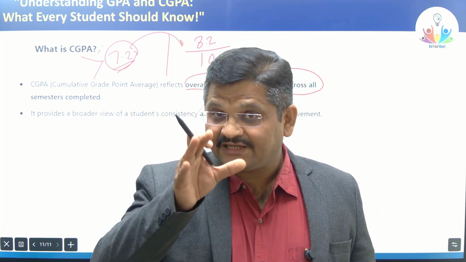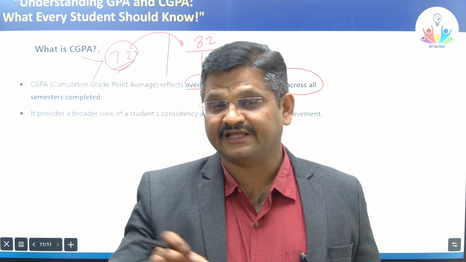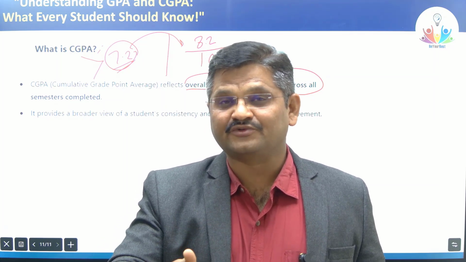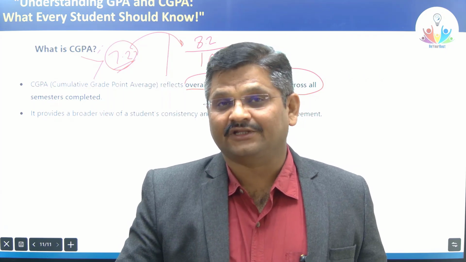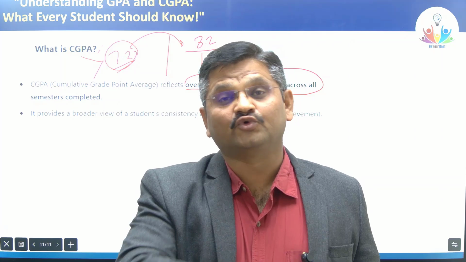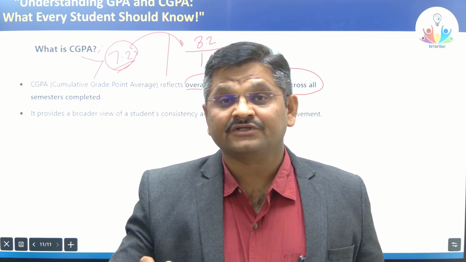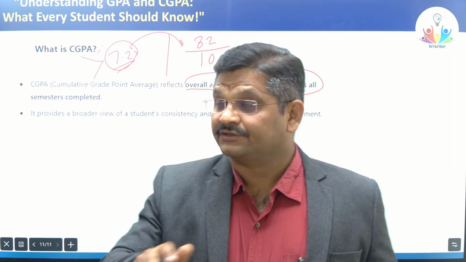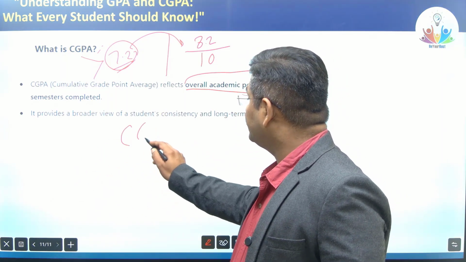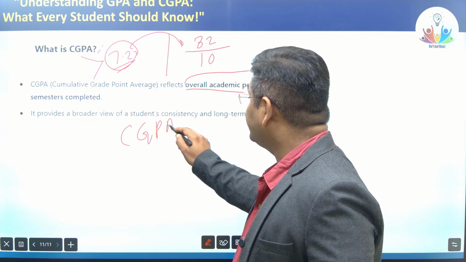If you understand the difference between the GPA and the CGPA, then we understand that in order to get the scholarship, in order to get admission in a United States of America university, there must be a balance throughout the semesters.